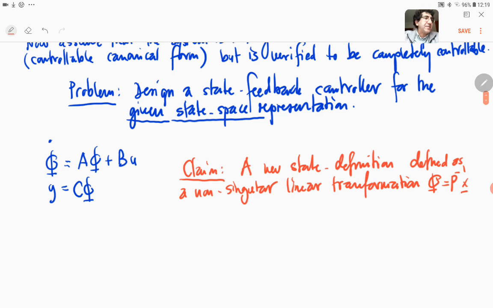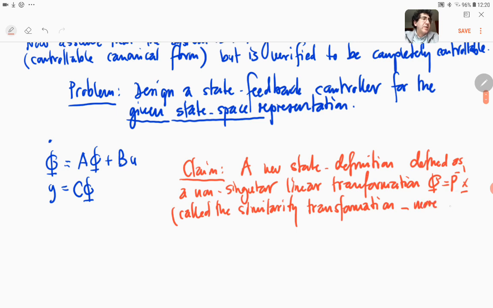X is another state definition. Phi is the given state definition. This is often called the similarity transformation, and you will learn a lot about these things in graduate courses EE 501 and EE 502 if you're interested.